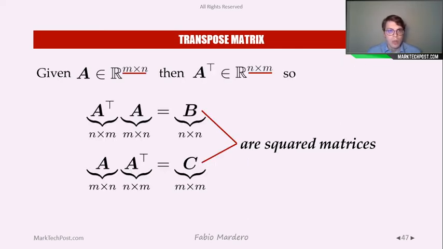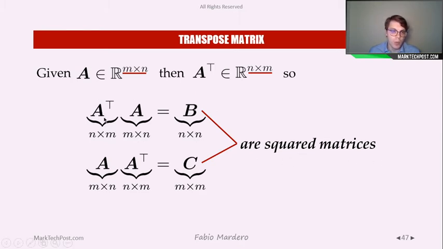Let's take a closer look at the transpose matrix. If we take the A matrix that has dimension m times n, of course we get a transpose matrix that has dimension n times m. And considering the multiplication between matrices, we can always multiply a matrix by its transpose, and we always get a square matrix.